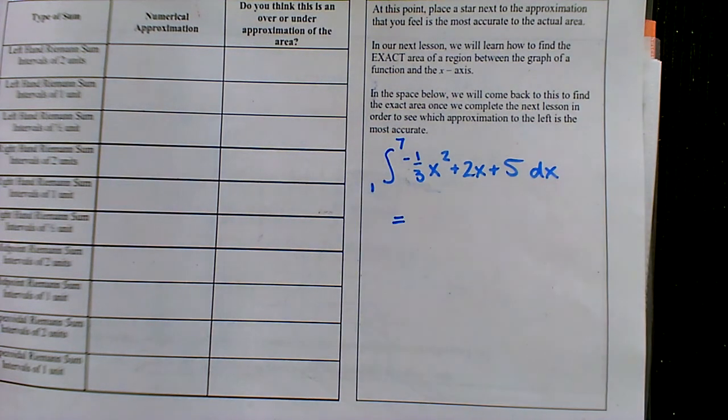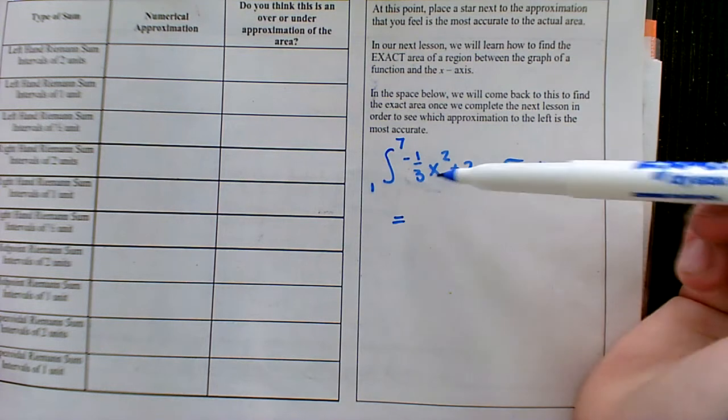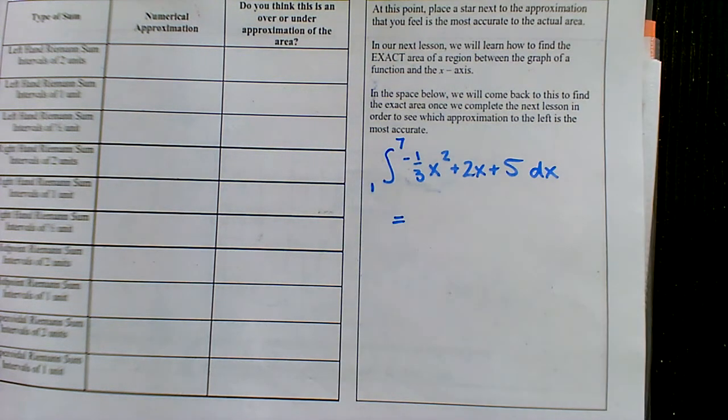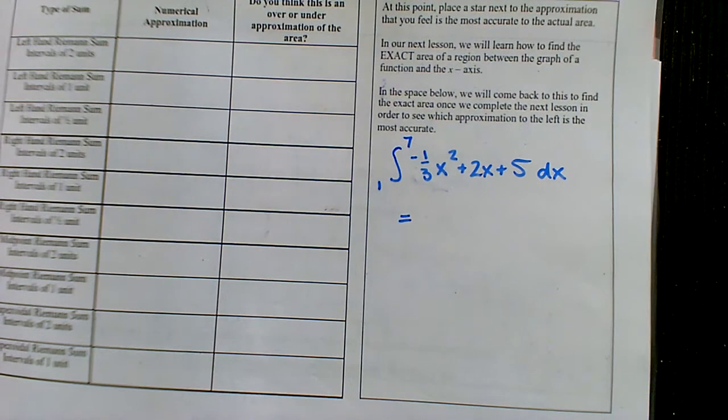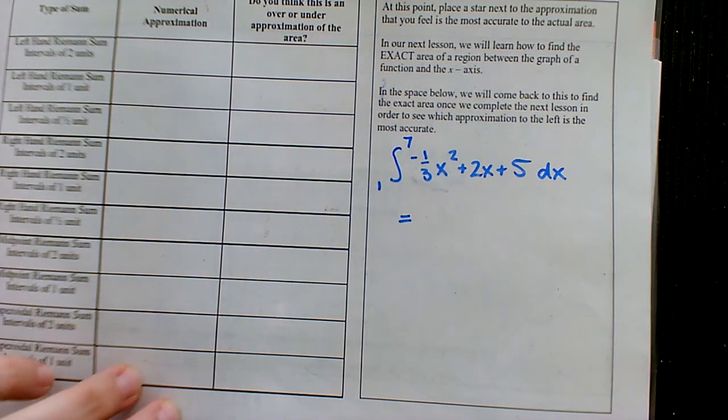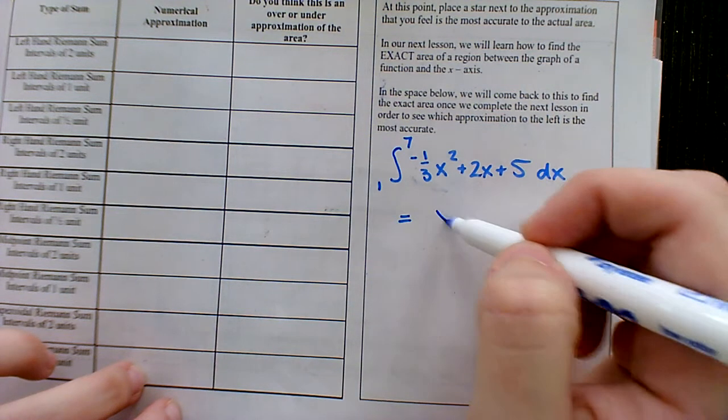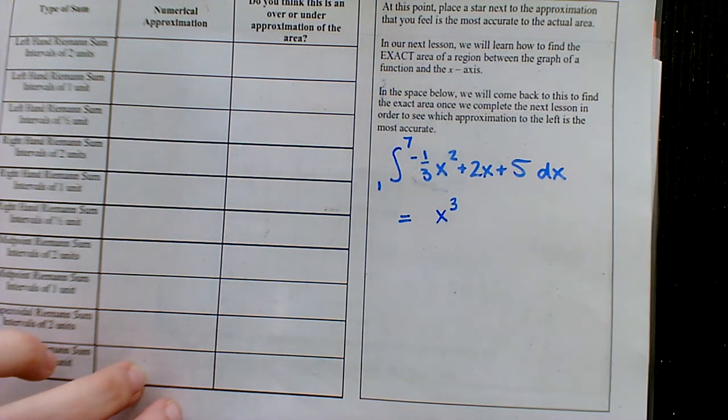So let's first think about our antiderivative. Negative 1/3 x squared. If you work backwards from that, what did you have before? If you add 1 to the power, that would be an x to the 3rd.